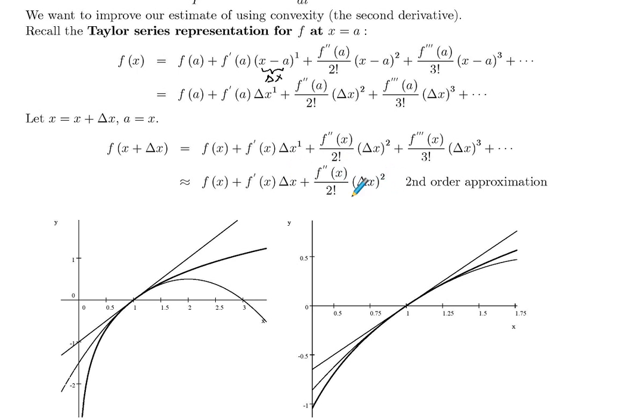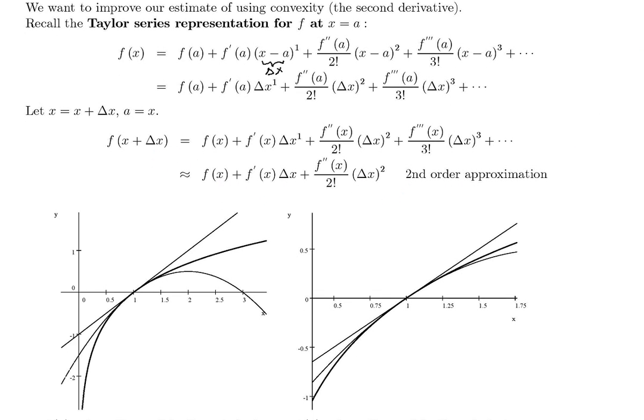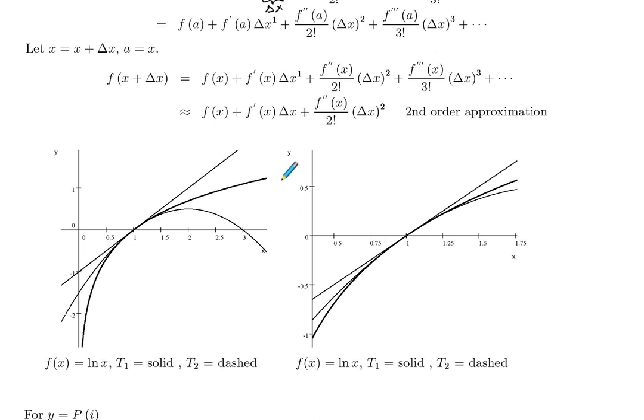Now, just to get an idea of what this is doing for us by approximating the original function with this quadratic equation, I take a familiar function, log x. This is y equals ln of x, natural log, the dark curve here that goes off to minus infinity as you approach the y-axis, and then it's in between this straight line, which is the tangent line or the first order approximation.